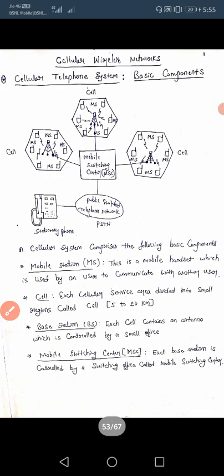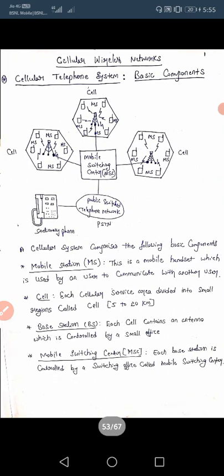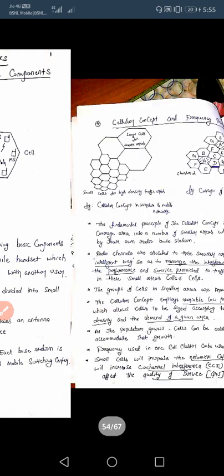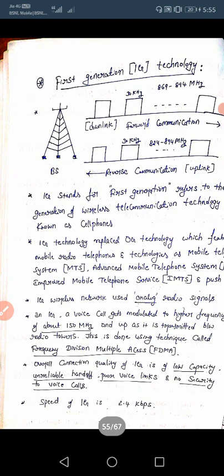You should write all this cellular concept, followed by the previous page. Then only you will get 8 marks, because it is asked for 8 marks. Basic components you should explain: mobile station, base station, mobile switching center, cell, and the cellular concept. Why are we going to call it a cell? Okay, this is the answer.